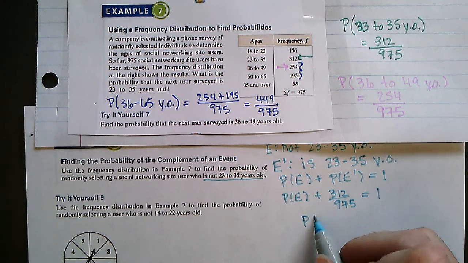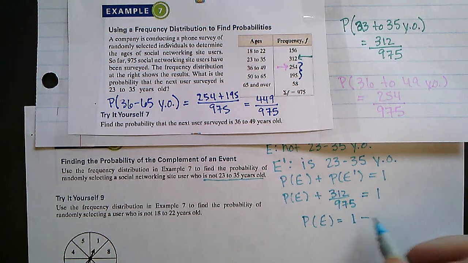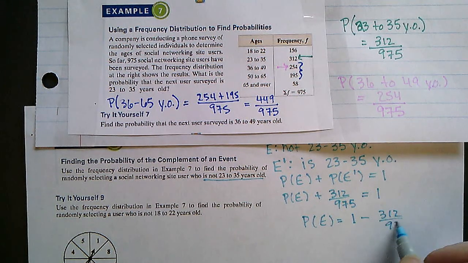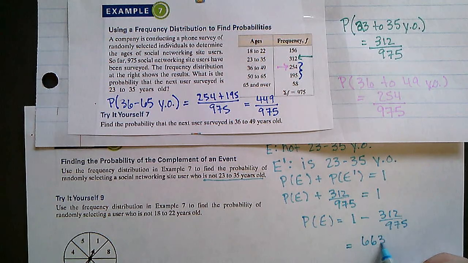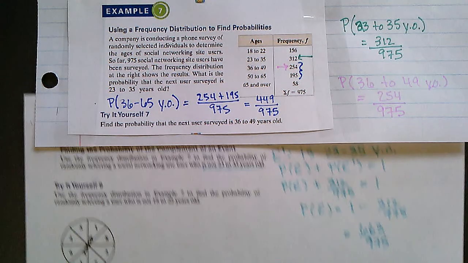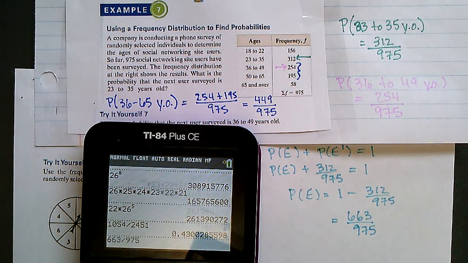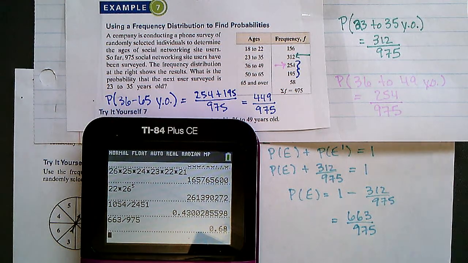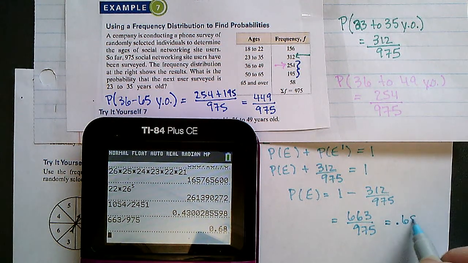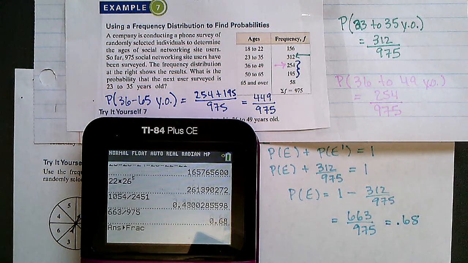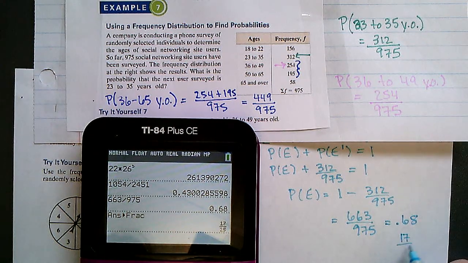So then the probability of E is going to be 1 minus 312 over 975, which is 663 out of 975. 663 out of 975 is 0.68, which would be 17/25.